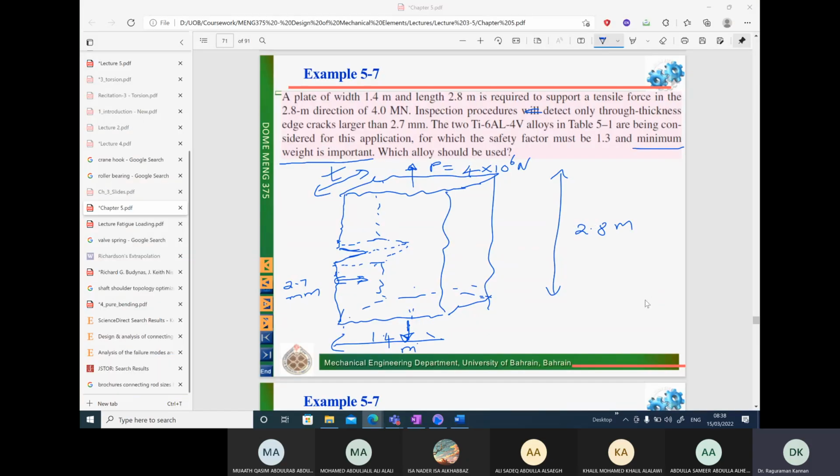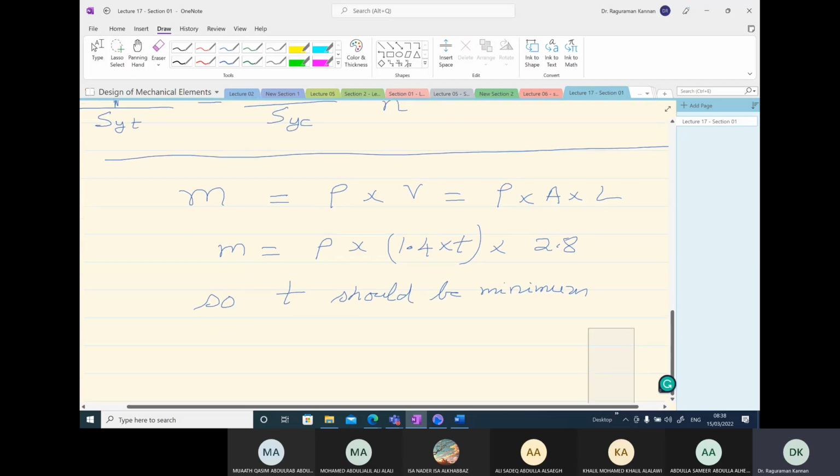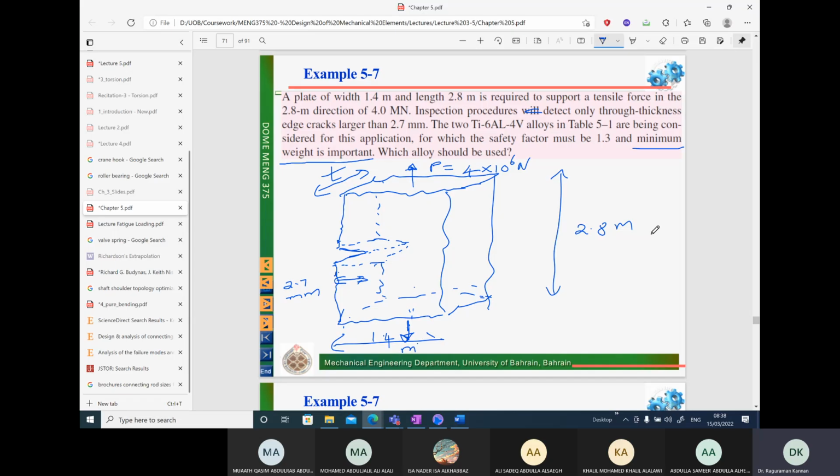Length is also fixed, 2.8 meters. So all the values are fixed except T. If I want minimum mass, my T value must be minimum. So T should be minimum in our solution to minimize the weight or the mass. So we have to choose the minimum T value depending upon the titanium alloy we choose.